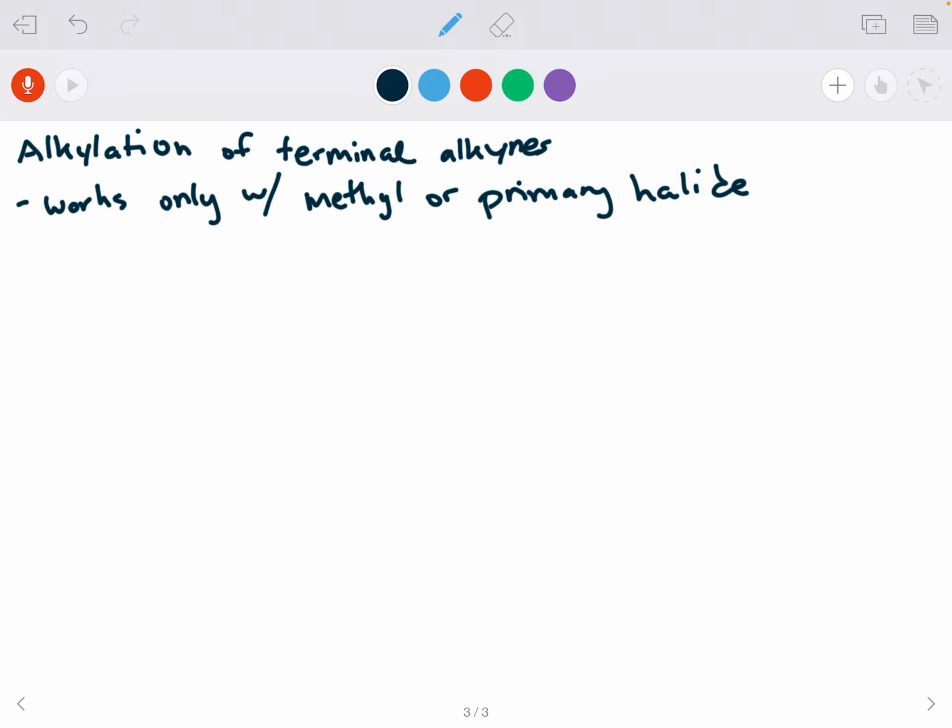The pKa of alkenes and alkanes is much higher. An alkane could be 50 if it's a carbon with 3 hydrogens at the end of it. So if you have this carbon here, that might have a pKa of 50. And I went over that in the first video.